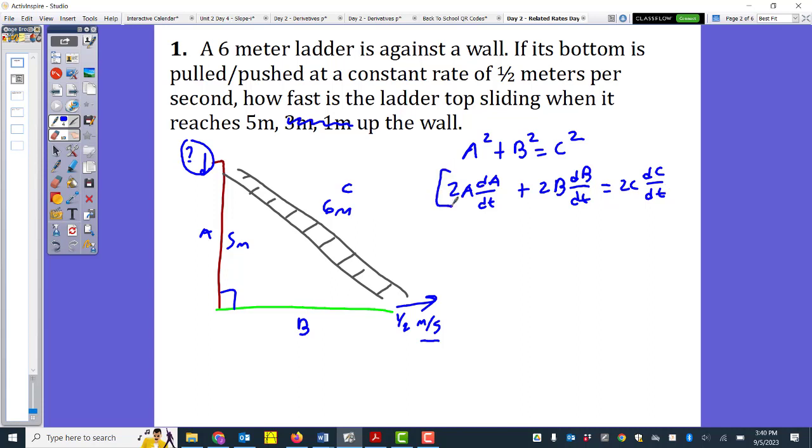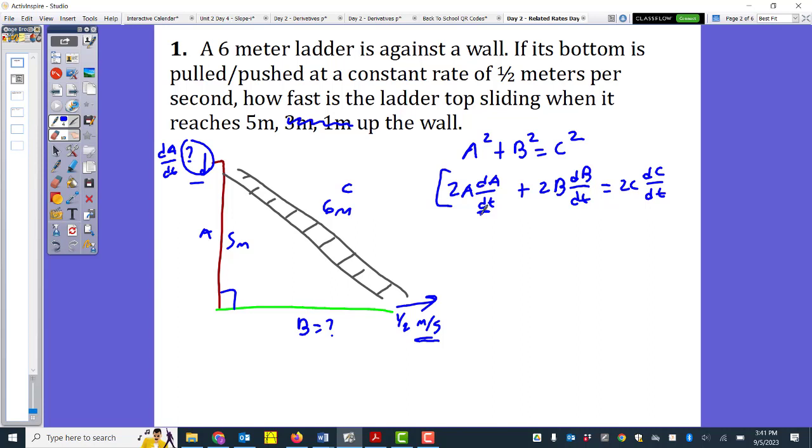So now let's start to label some variables. We have a, we have c, we can find b, but these 2 rates we don't have. This one right here and this one right here. Let's label this. If we look, this is side A, and this is the rate that A is changing. So this side is dA over dt. That's the one we want to solve for.